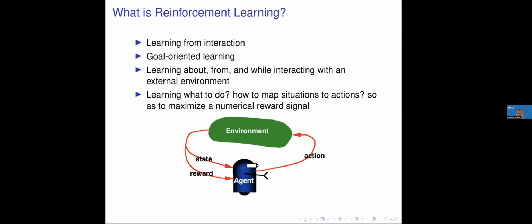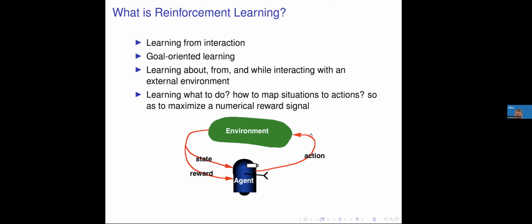Within reinforcement learning, there are several key questions that the agent needs to resolve. One is learning what to do, which needs some kind of objective function, and learning how to map situations to actions. This is the task of policy learning. The ultimate goal is to maximize cumulative numerical reward signal. In this picture, you can see an agent sitting in the middle, and there's an environment.